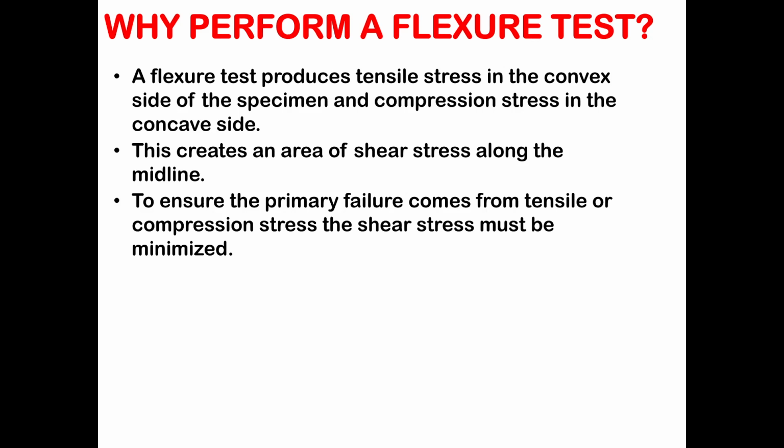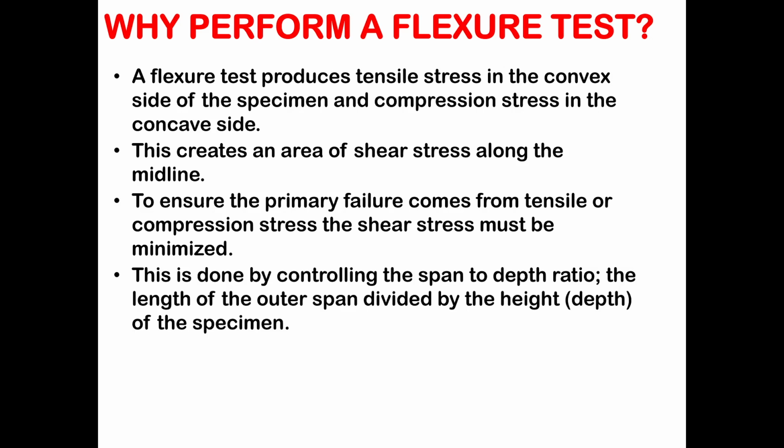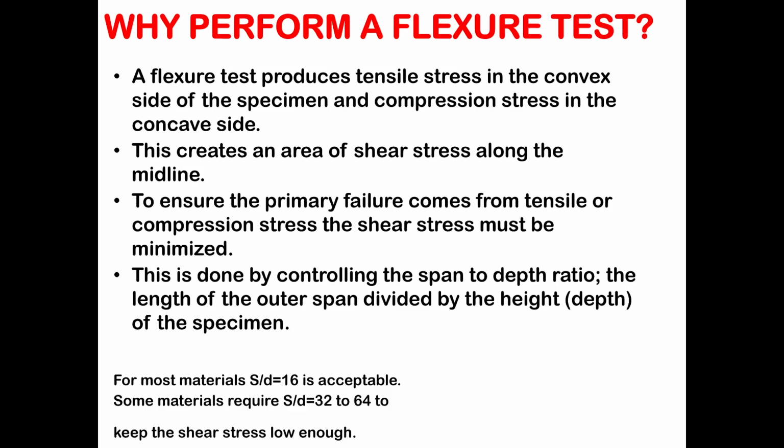To ensure the primary failure comes from the tensile and compressive stress, the shear stress must be minimized. But how do we minimize the shear stress? This is done by controlling the span to depth ratio, the length of the outer span divided by the height of the specimen, right? For most materials, a span to depth ratio of 16 is acceptable.